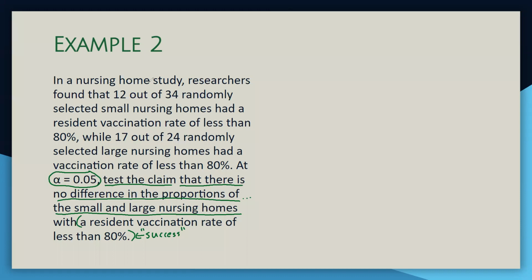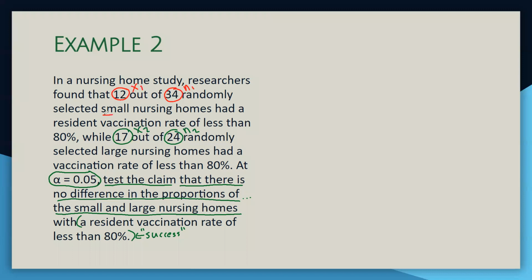Going back to the beginning, in a nursing home study, researchers found that 12 out of 34 had that requirement for a success. So that's X1, N1, while 17 out of 24 had a vaccination rate of less than 80. So X2, N2. I'm going to go back and color code.